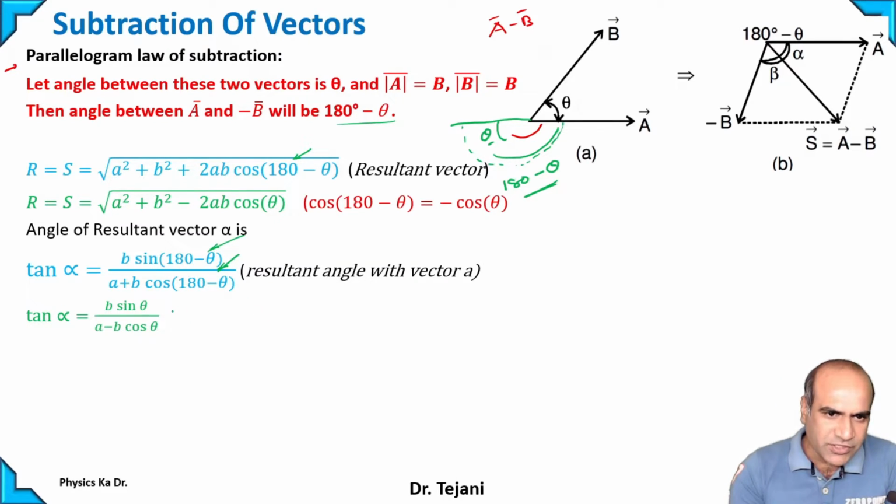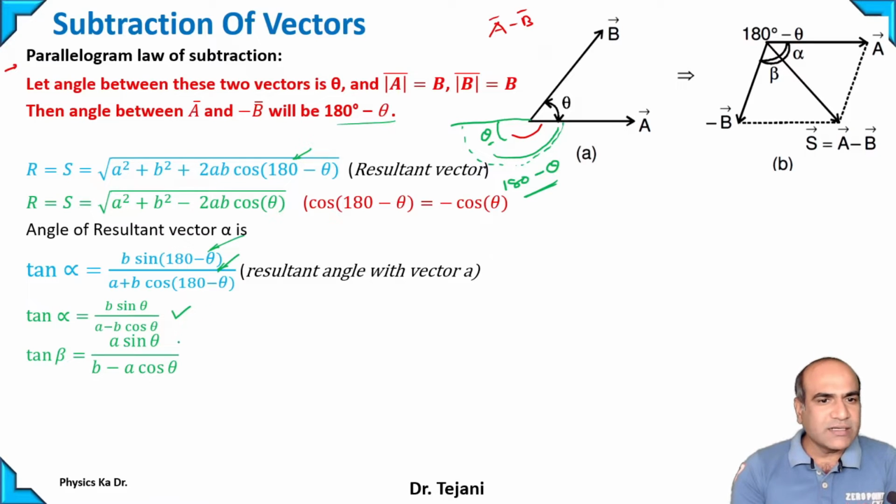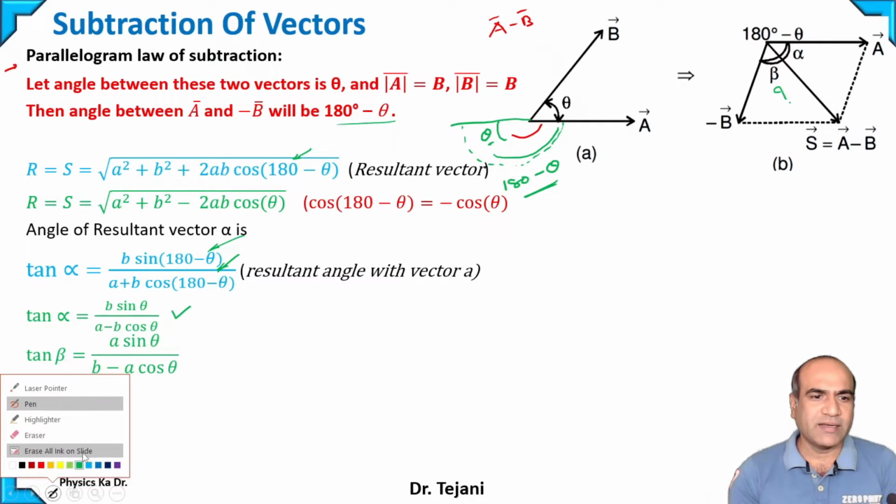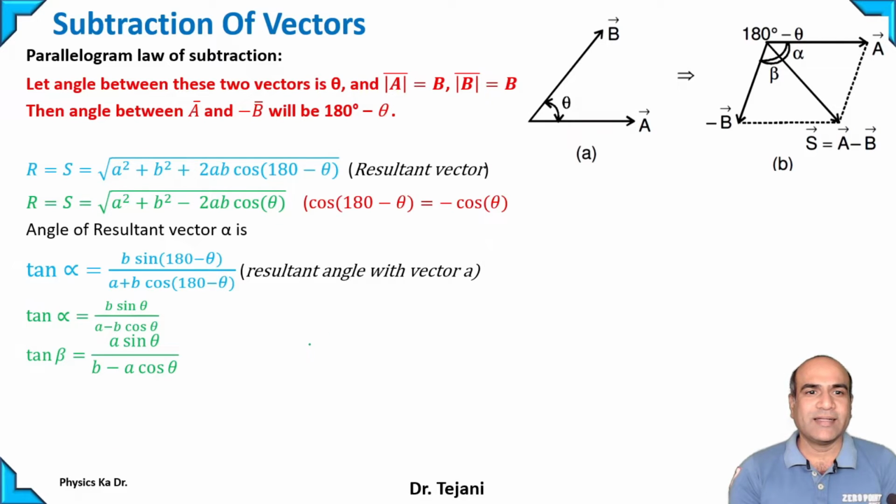So this is the equation of the resultant with respect to A, and similarly with respect to B, that means beta, this angle is A sin theta divided by B minus A cos theta. It is like that. I think it is very simple and understood.